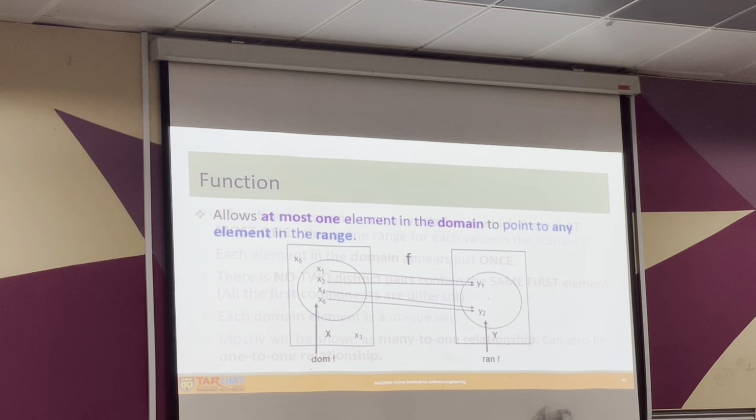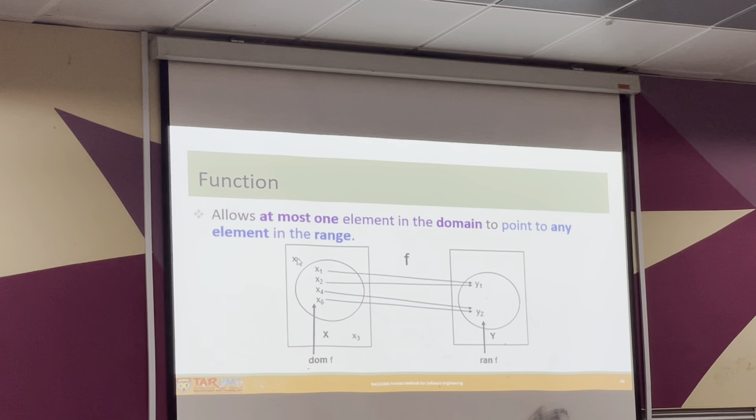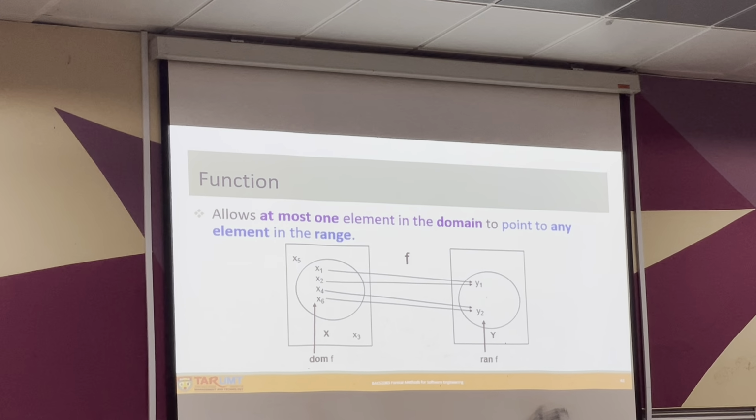So this is what you mean by function. Because this is a set, the drawing here shows the set symbol, so the data inside the set will not be duplicated.